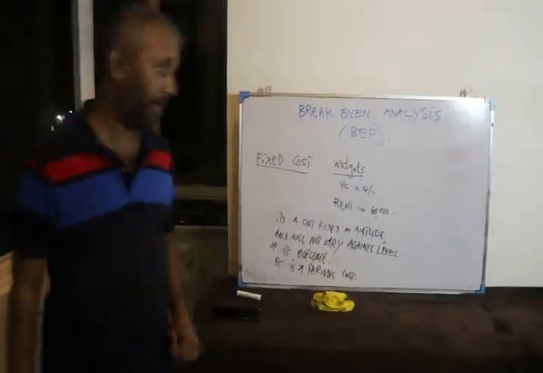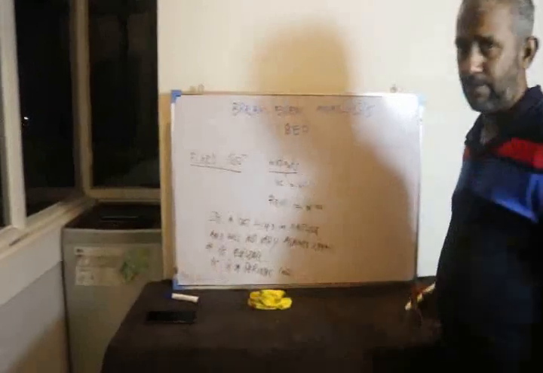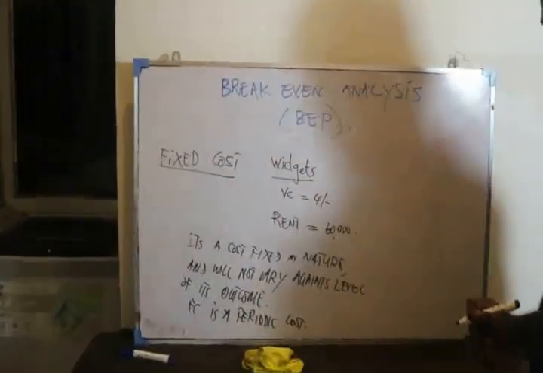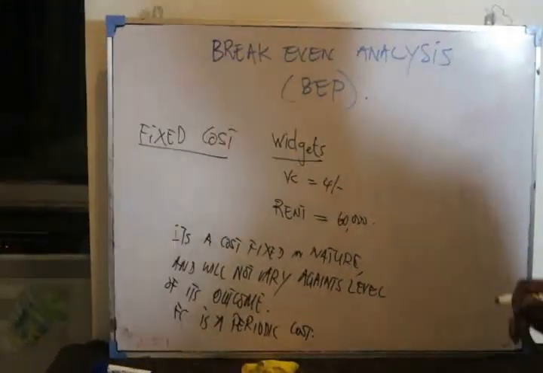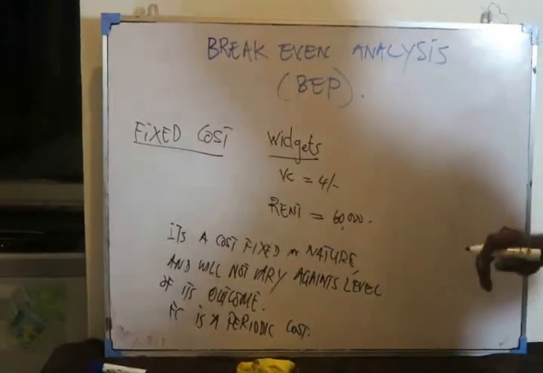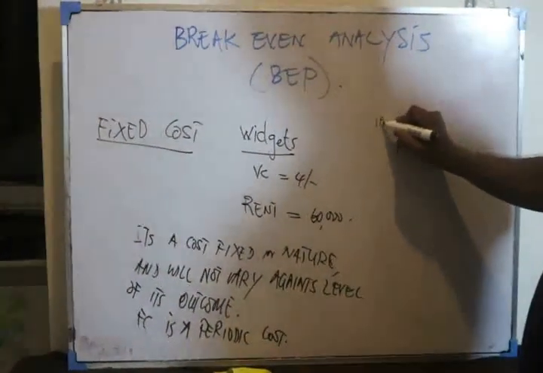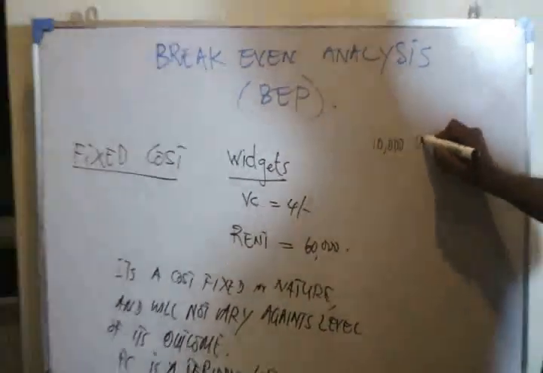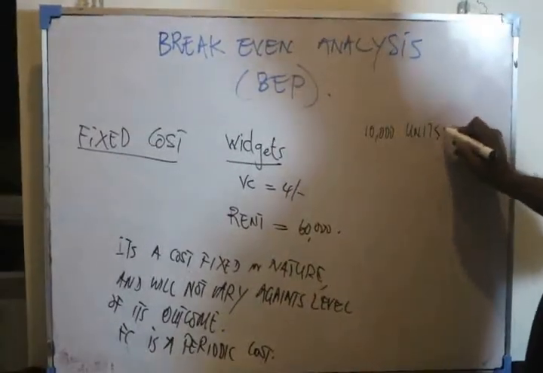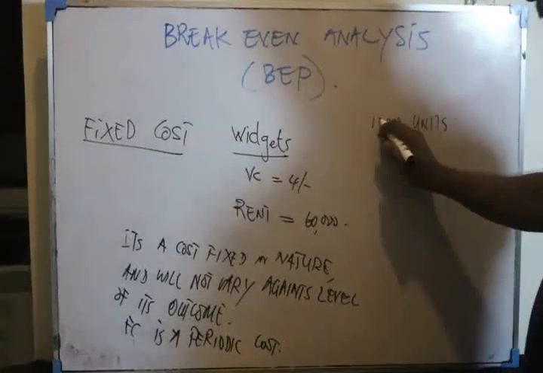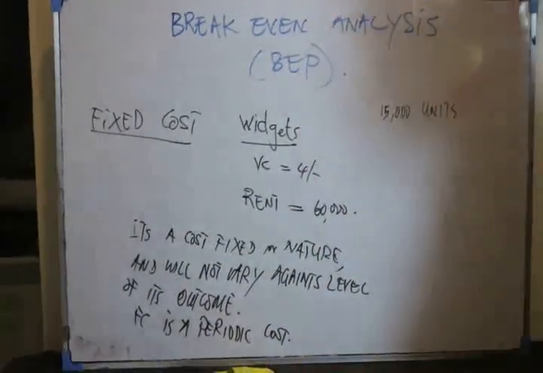So now, let's continue that example we have. And we assume we produce, let me say 15,000 units in total.